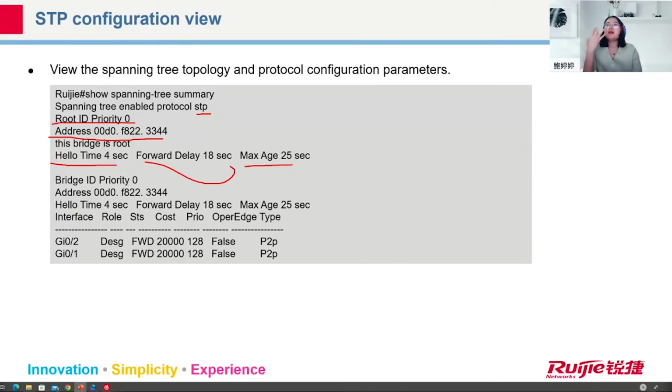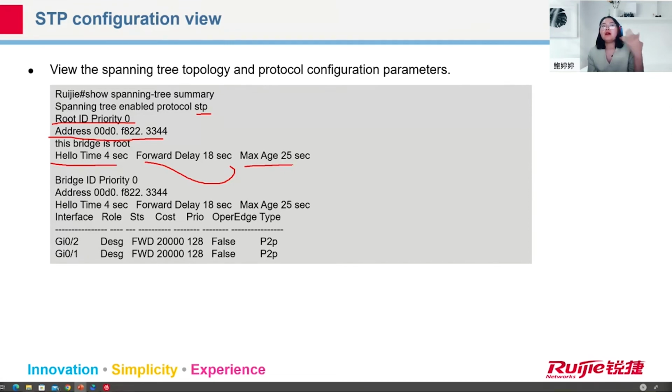That means if we use the default values of the timers, 30 seconds is enough for us to finish the convergence, but now you have to wait at least 36 seconds, okay? Double the forward delay. And of course, if one link is broken, you will wait a long time.